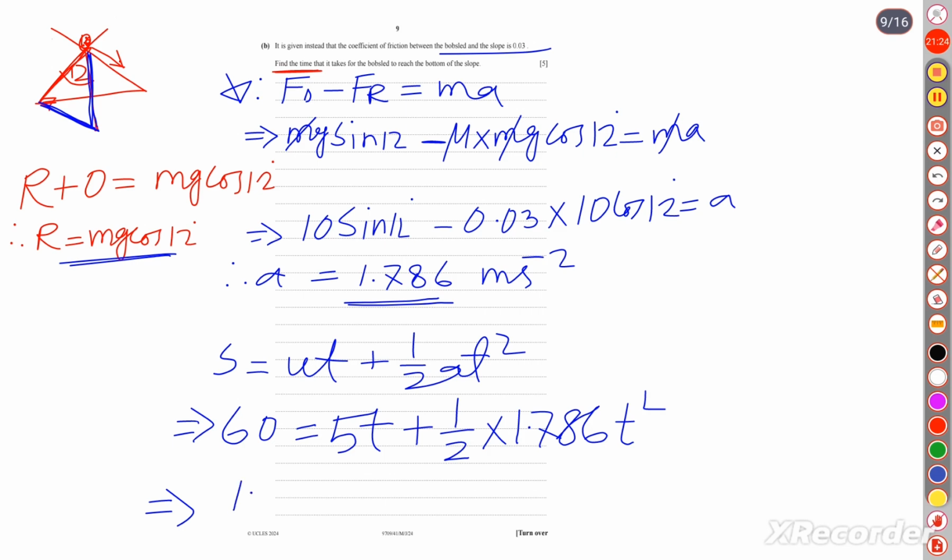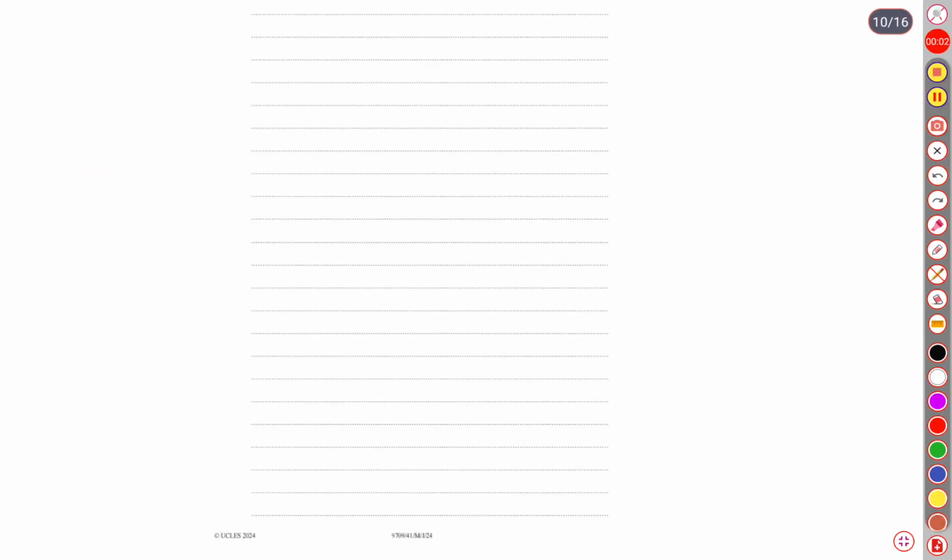Now if we simplify this, let everything be written on the same side. I don't have space over there, so let me write it over here. 1.786 t squared over 2 plus 5t minus 60 is equal to 0.